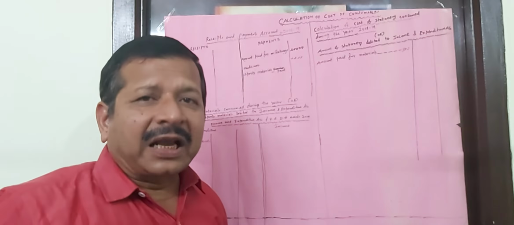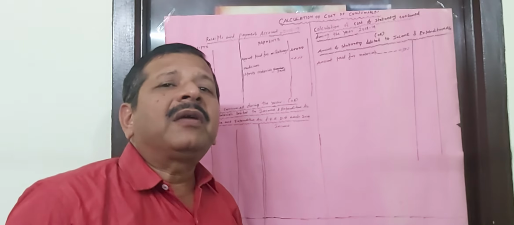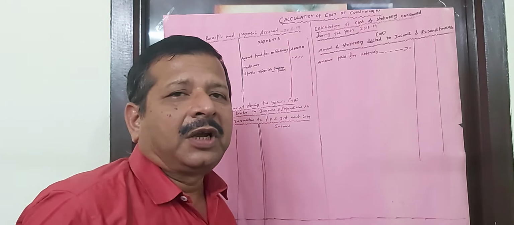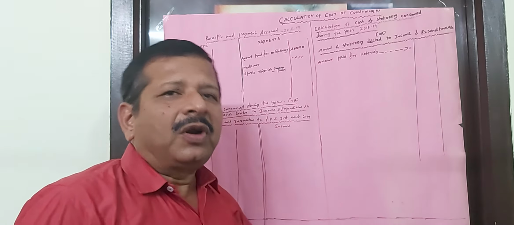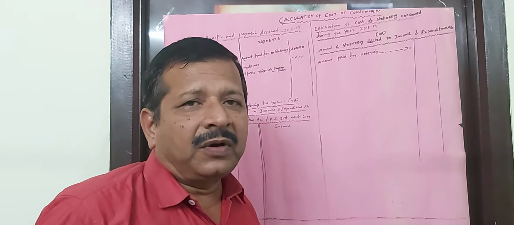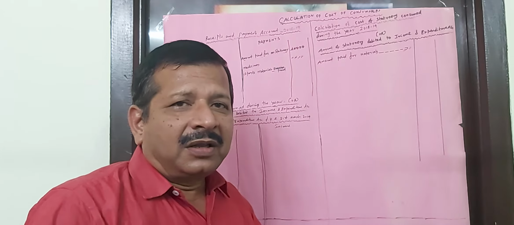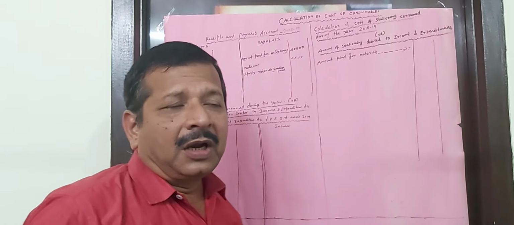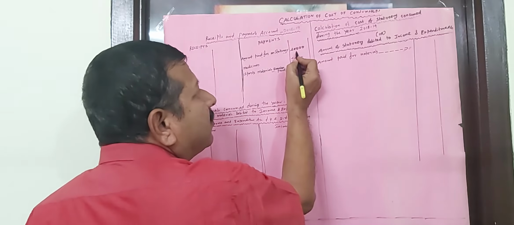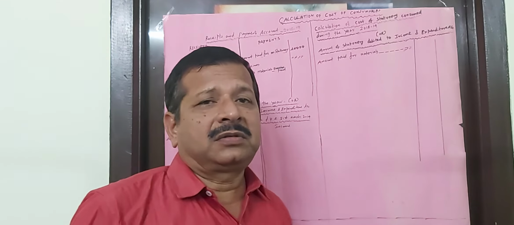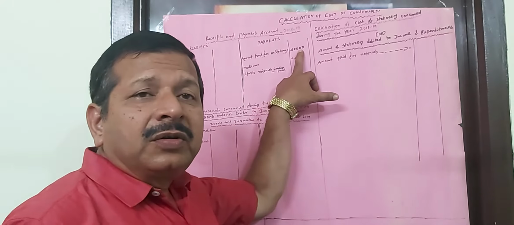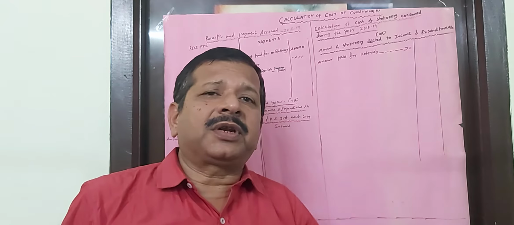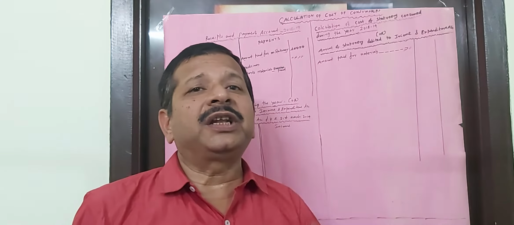But in an actual problem, they will give some additional information in the adjustments. If they give additional information, then only you should be very careful. That is the concept you have to understand. When there is no additional information, no problem at all. So here the amount paid for stationery means the 40,000. From this, you have to find out how much stationery we have actually consumed during the year.